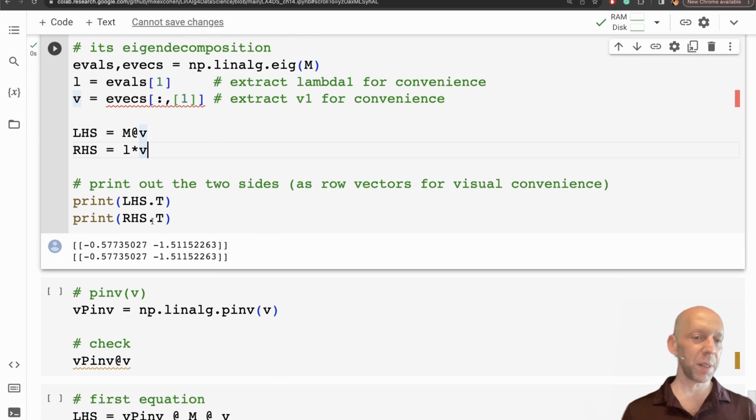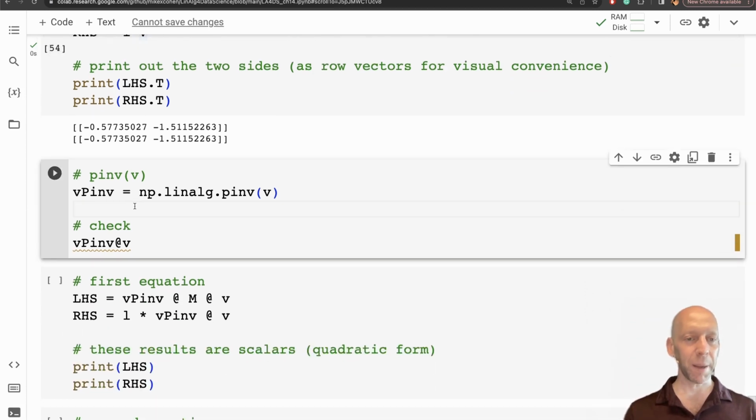And yeah, we can just print these things out. I'm transposing here only so that they come out as rows. Just makes it a little bit easier to visualize. Okay, so this is just confirming the eigenvalue equation, right? So m times v, or a matrix times the eigenvector, equals the eigenvalue times the eigenvector. So just a nice empirical confirmation here.